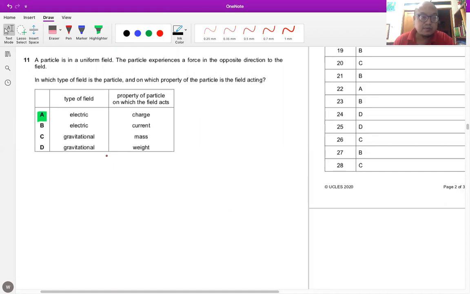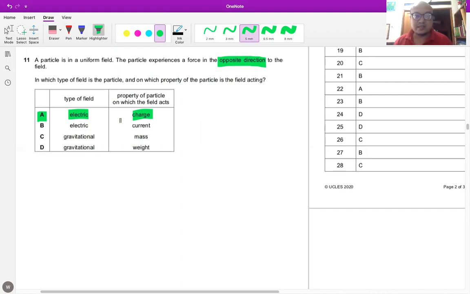Opposite direction, so this is about charge, and electric, not gravitational, because gravitational force would be in the same direction. So correct, the answer is A.